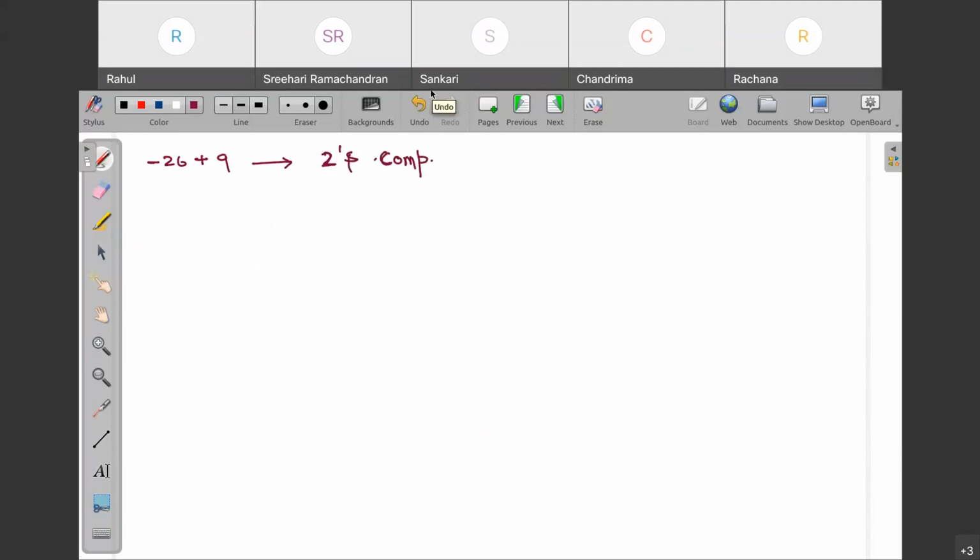So look very carefully. If I want to solve this using 2's complement, so 9, it will be represented as 1, 0, 0, 1. So this is your decimal equivalent. If I want to represent it in sign magnitude representation, sign magnitude representation of +9, this will be 0, 1, 0, 0, 1.